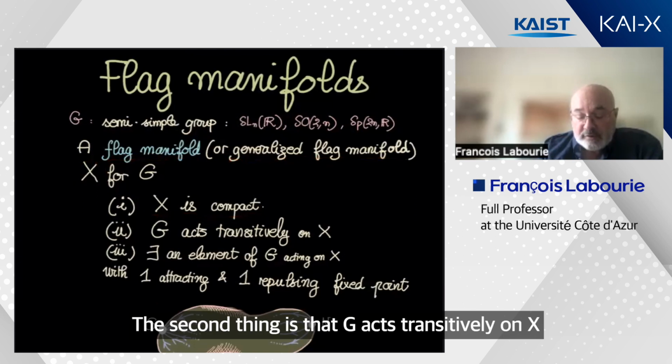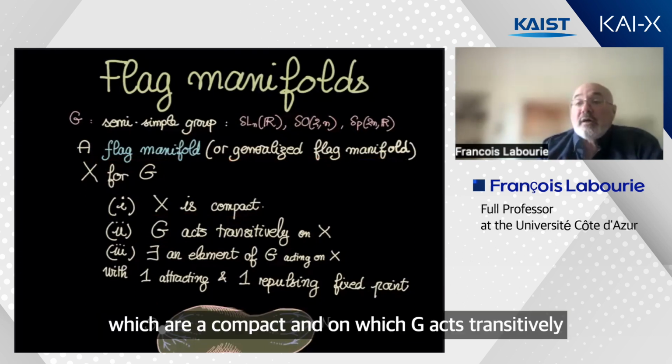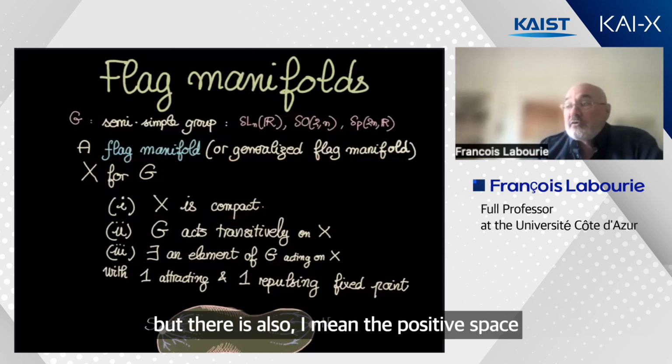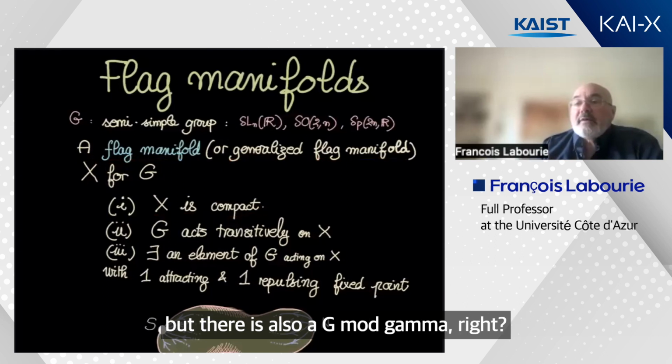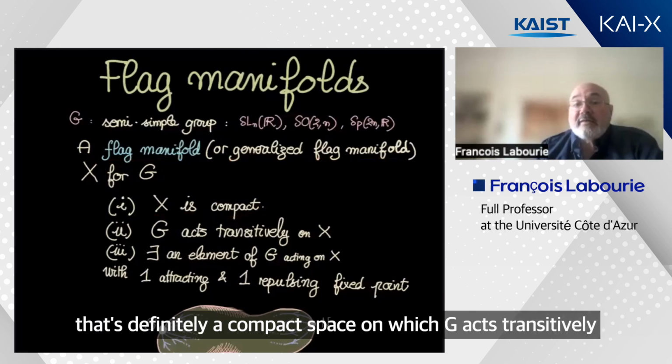The second is that G acts transitively on X. It turns out there are lots of compact homogeneous spaces on which G acts transitively. For instance, for SL_n(R), there is the sphere, the projective space, but there is also G mod Gamma: you take a uniform lattice, and G mod Gamma is definitely a compact space on which G acts transitively.